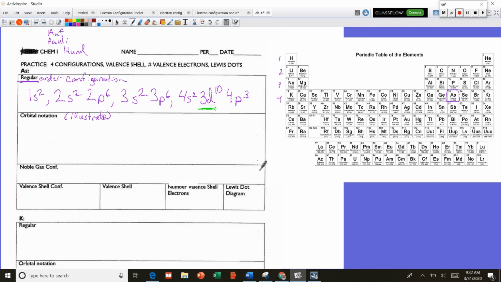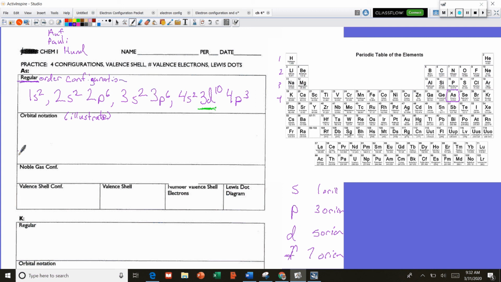So remember that S only has one orientation, P has 3 orientations, D has 5 orientations, and F has 7 orientations.